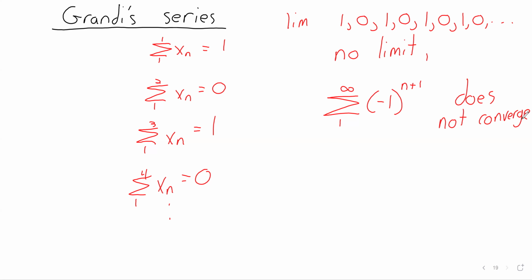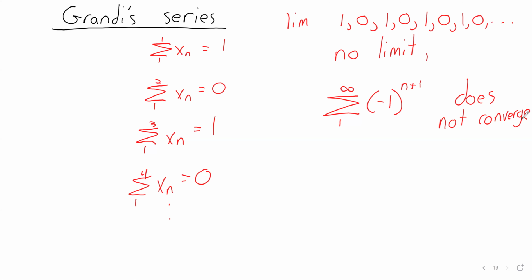Again, as just a historical side note, before mathematicians settled on this definition, there was kind of a consensus that Grandy's series ought to equal 1/2. That if you add these things together, you should wind up with 1/2.